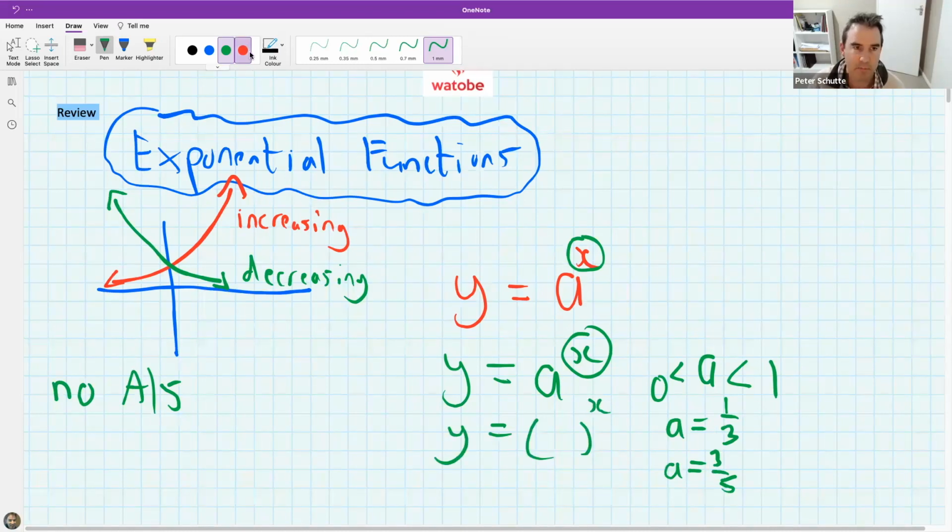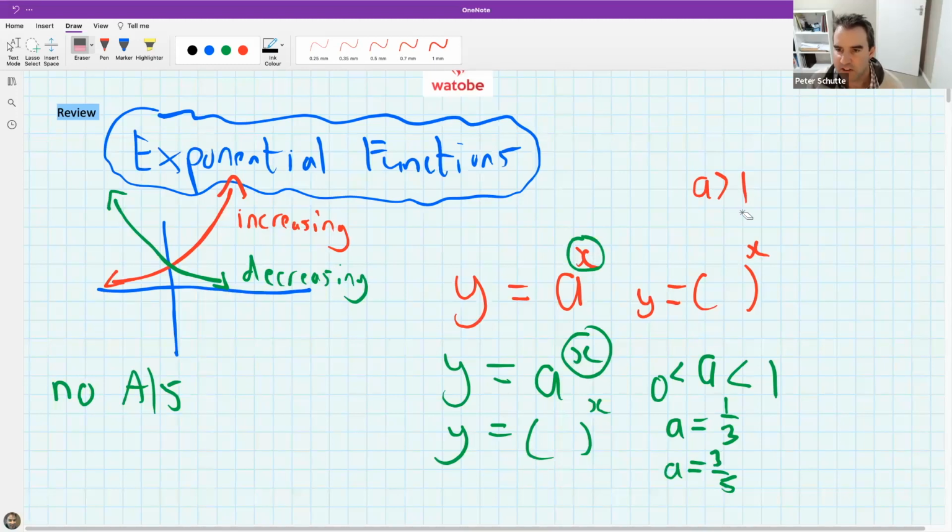Whereas an increasing exponential function will have a number greater than 1 as the base. So a will have to be greater than 1, so maybe like a 2 or 3 or 5 or even a 2.5. So that would be an increasing exponential function.